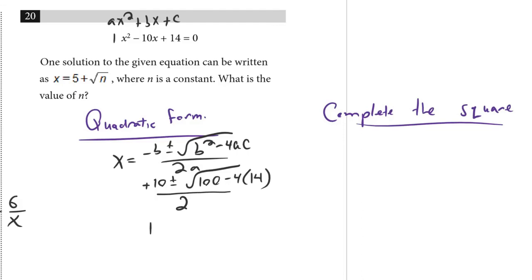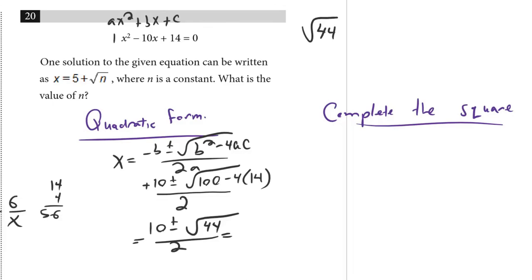Simplifying a little, we have 10 plus or minus the square root of, now 14 times 4 is 56. So 100 minus 56 is 44 all over 2. Now that 44, let's do that here. Square root of 44 is the square root of 4 times 11.